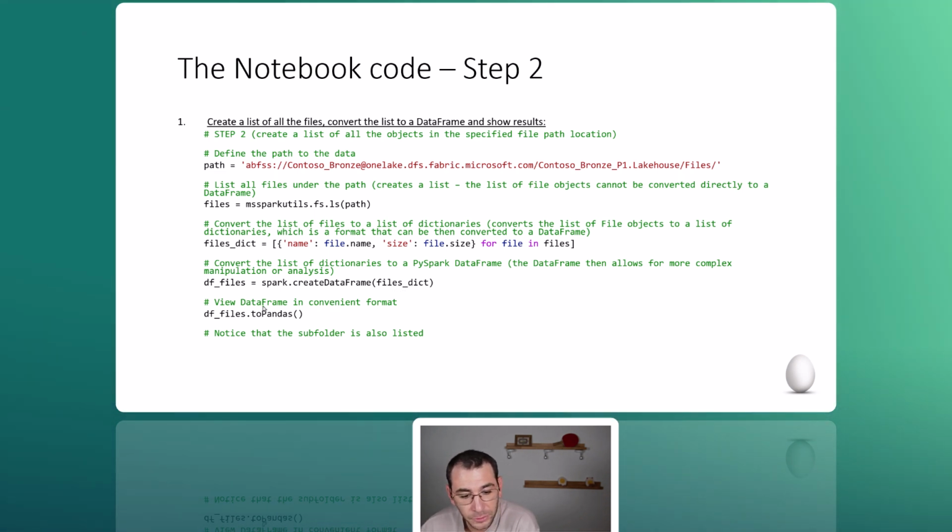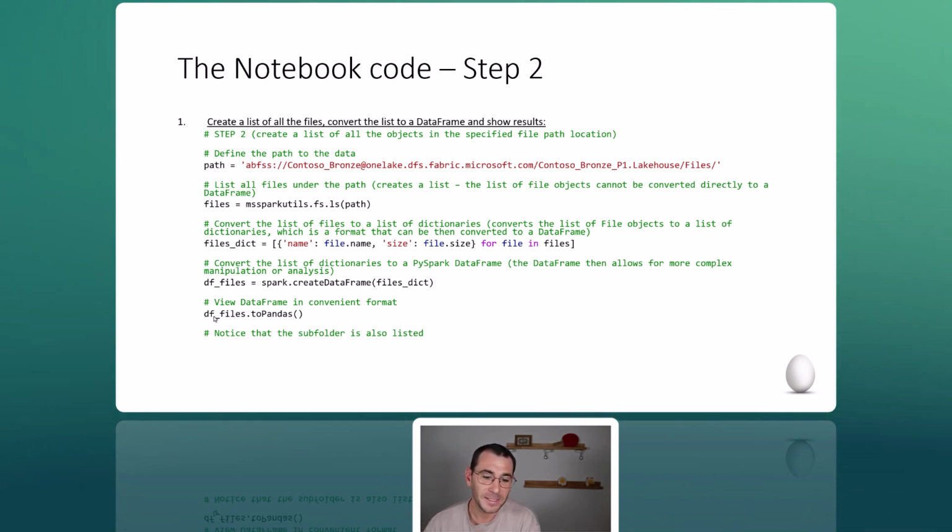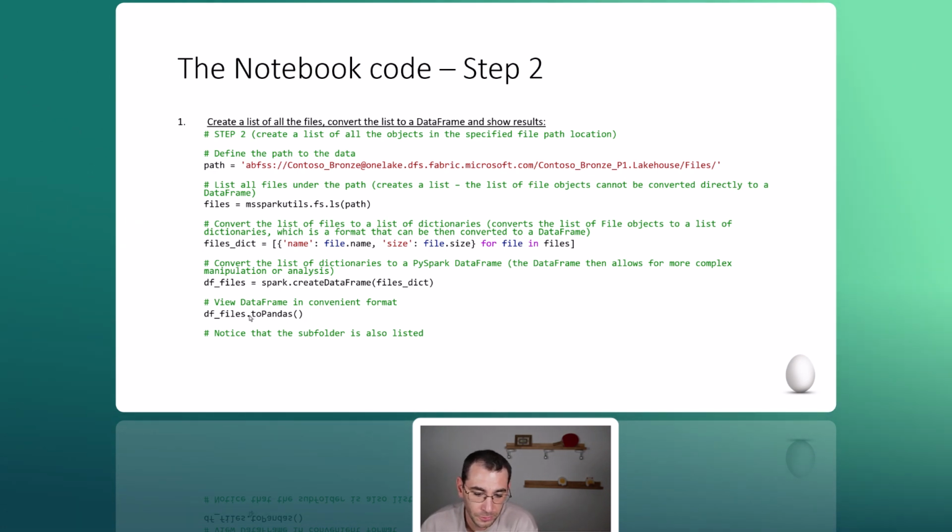And then to view this, there are several ways to view this. We can type in df files for the data frame name and just type in show, parentheses open closed, or if I want a certain format of my data, in this case I want it in pandas, so I just change it to pandas.